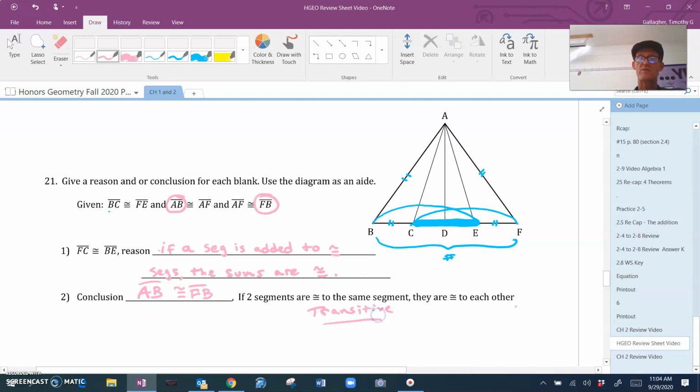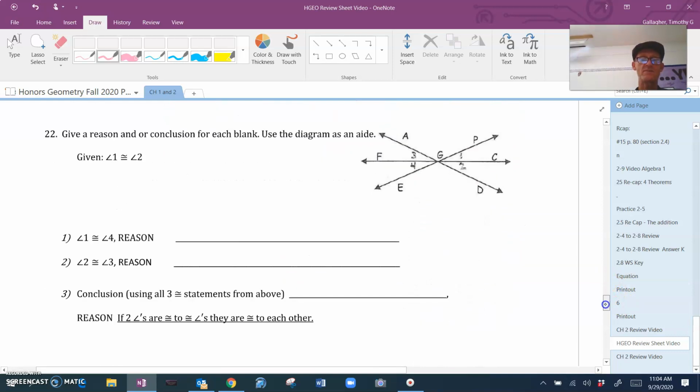That's a transitive property. So if AB is congruent to AF, and AF is congruent to FB, that means AB is congruent to FB. All right, getting messy with the pink.